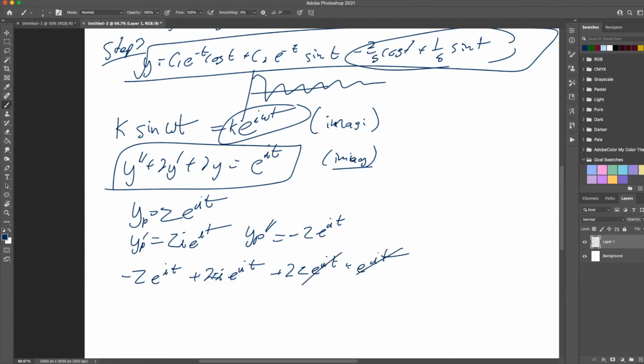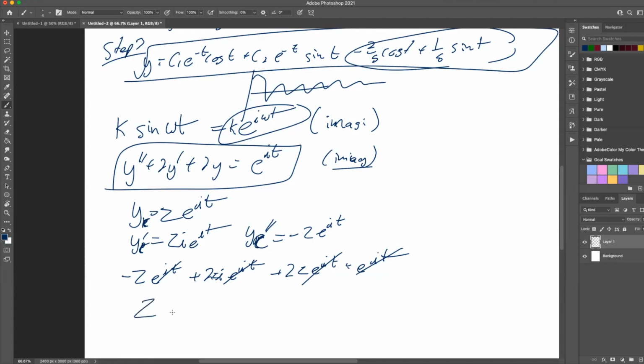I can just cancel off the e to the it's. And I'm going to change my notation to a c, just so I know I'm in the complex realm.